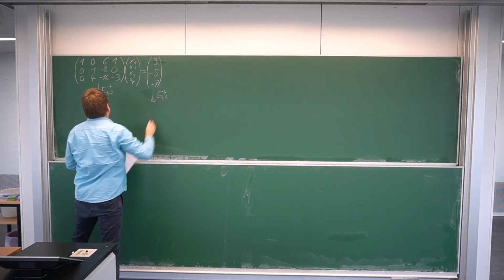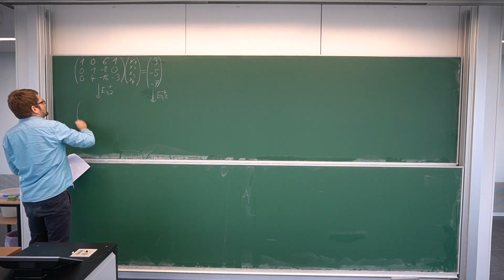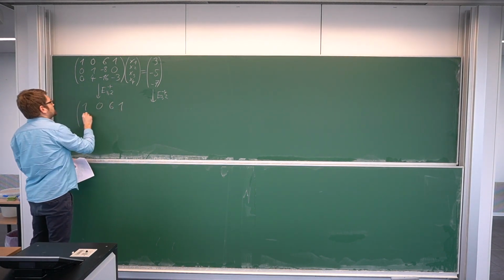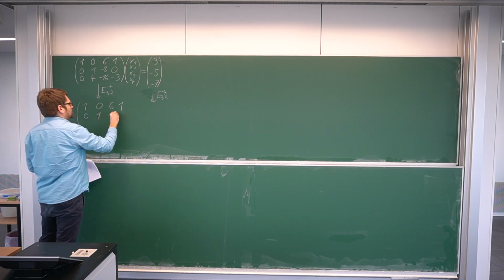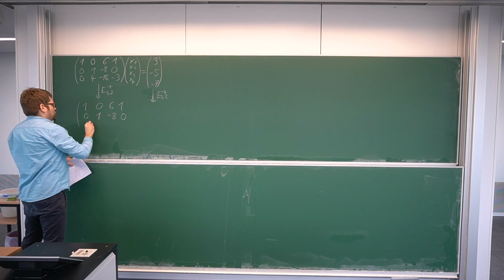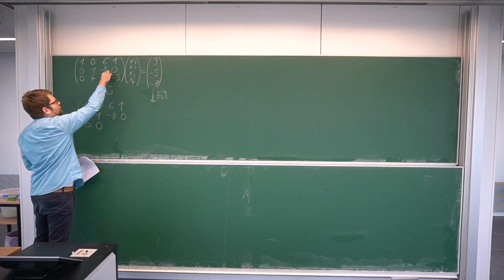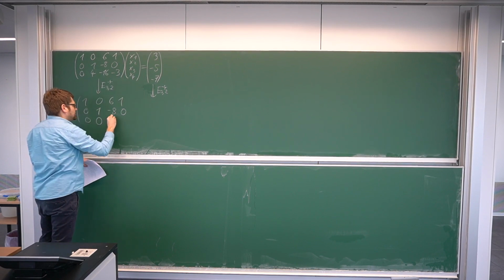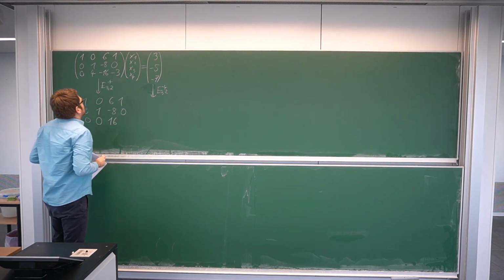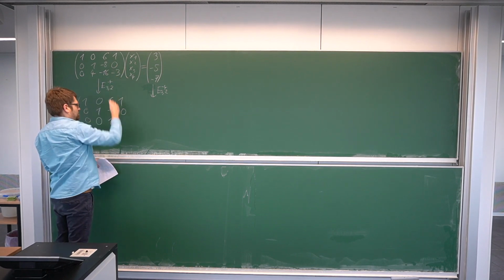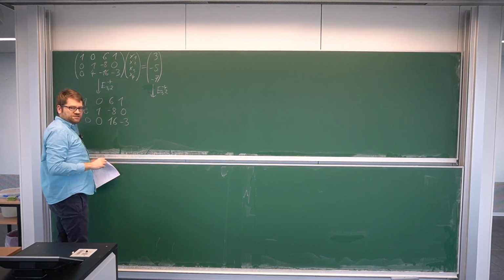So we obtain 1, 0, 6, 1 as it is, then 0, 1, minus 8, 0, and only the third row changes. So we get 0, 0, and here we now get minus 4 times minus 8 gives plus 32, minus 16 gives plus 16. And finally, here we add 0 to something, which just leaves what it was, so minus 3.